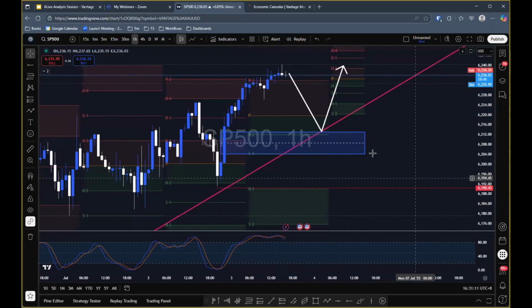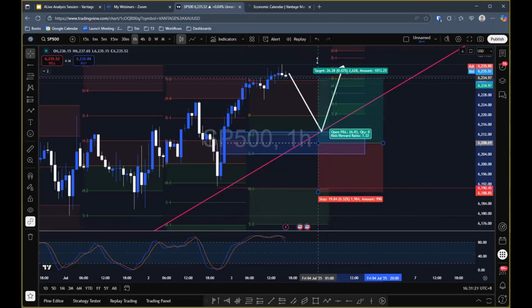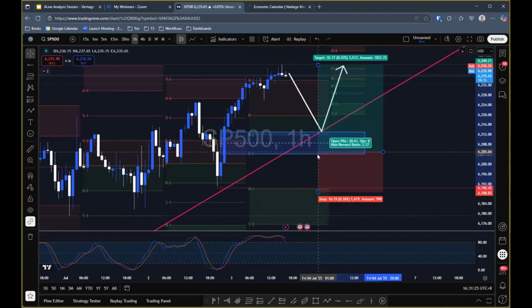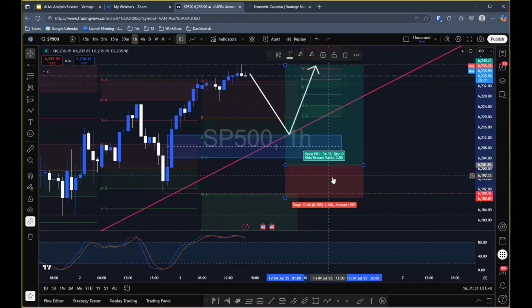So if you are looking at this entire range as your entry, you'll do something like this. Your stop has got to be below yesterday's low, and your highs will be targeting today's high. And you want to readjust this until you get 1:3. So somewhere around here, which is the start of this candle, okay, it's where you would probably want to enter.